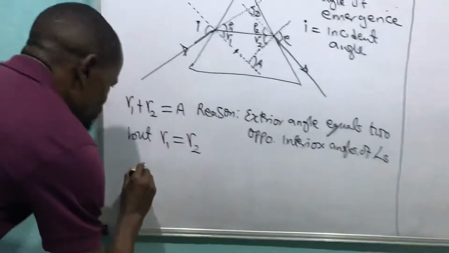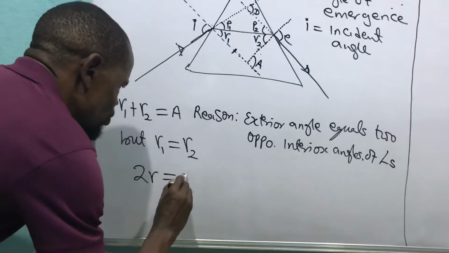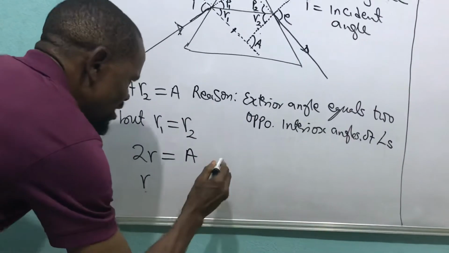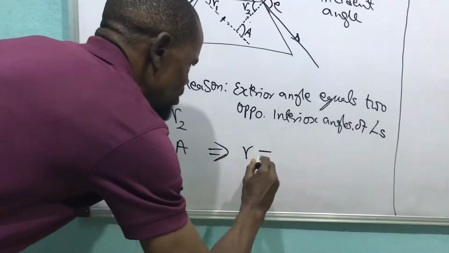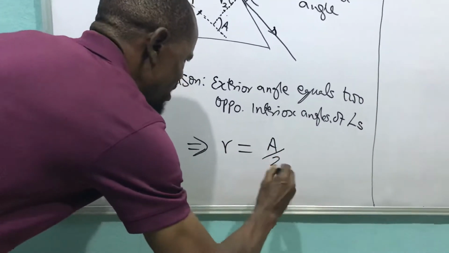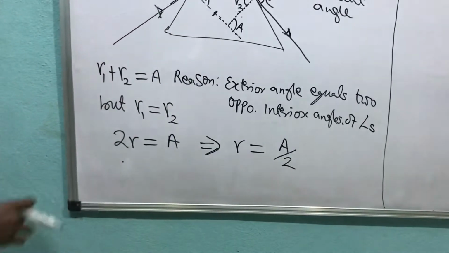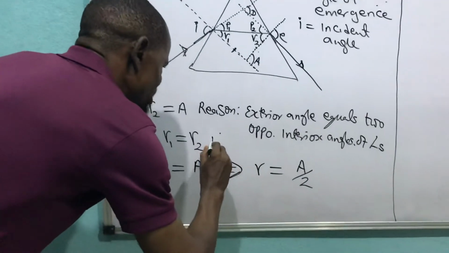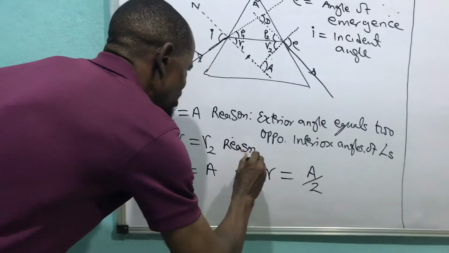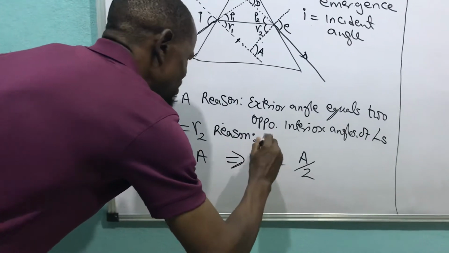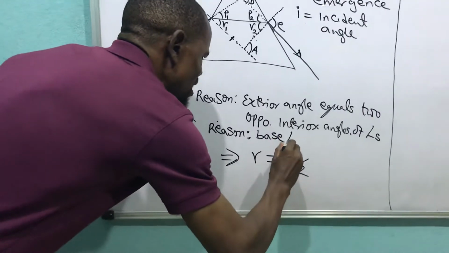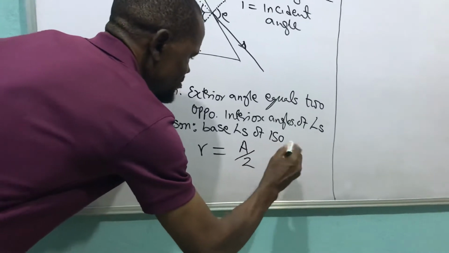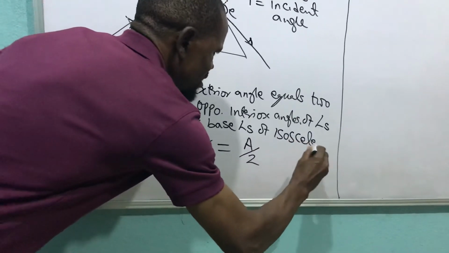Then I can now say that 2R is equal to A. Therefore, R is equal to A divided by 2. What's the reason for this statement I made here? I said base angles, this means angles of an isosceles triangle.